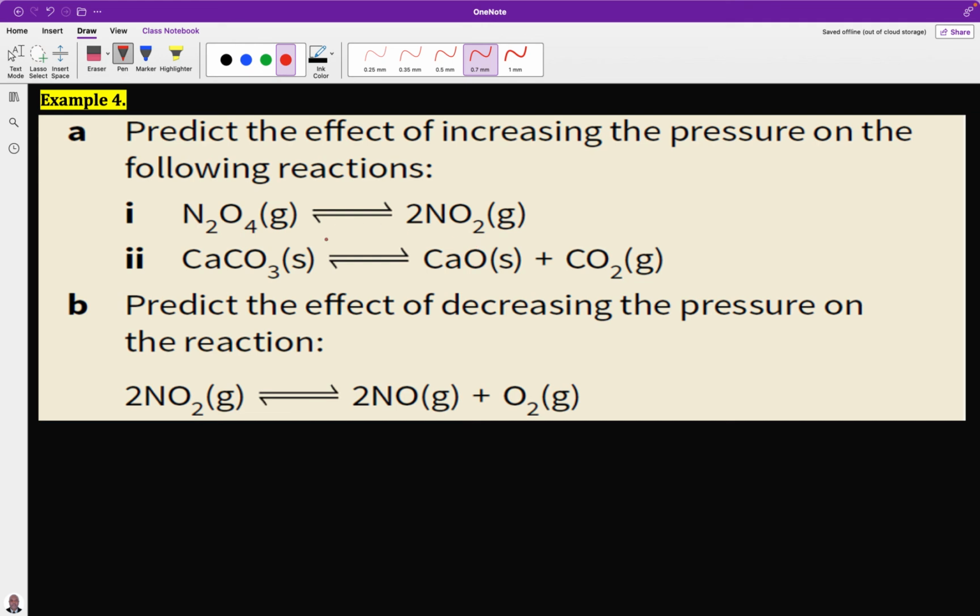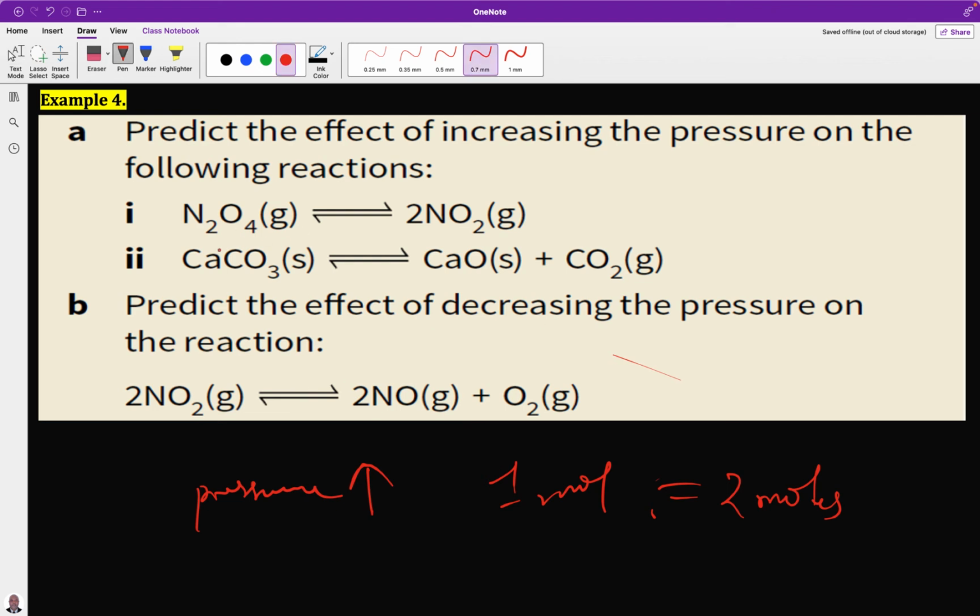When the pressure is increased, what happens? We have 1 mole to 2 moles.